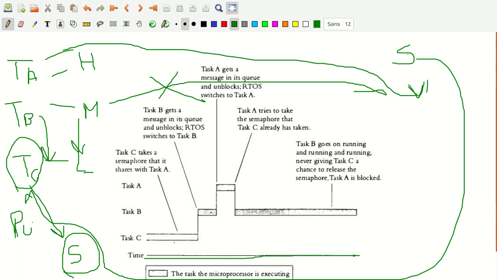When task B preempts task C, task C gets preempted, task B goes into the running state, and task B keeps on getting executed. Initially task C ran, then task B takes precedence because it has higher priority than task C, and it doesn't want access to the shared variable either.